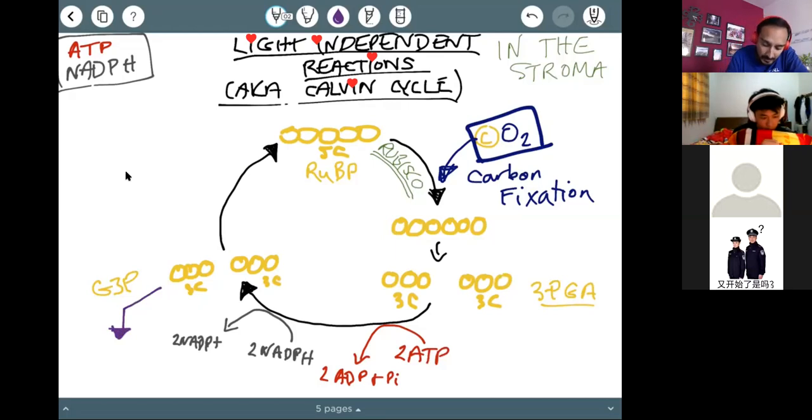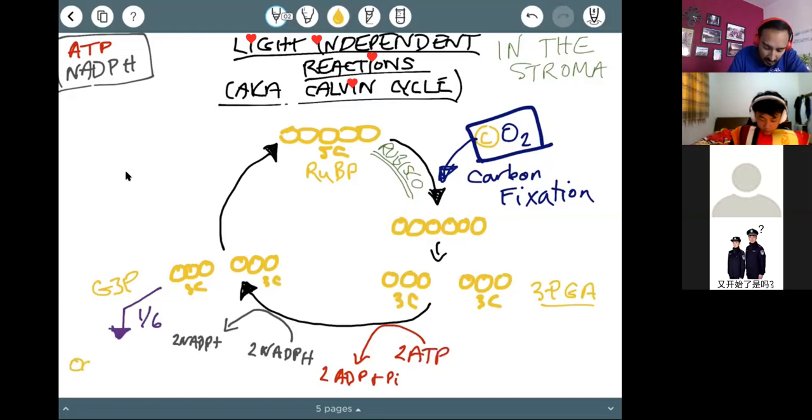So we're going to take, bear with me, 1/6 of all the G3P that's made out of the cycle.